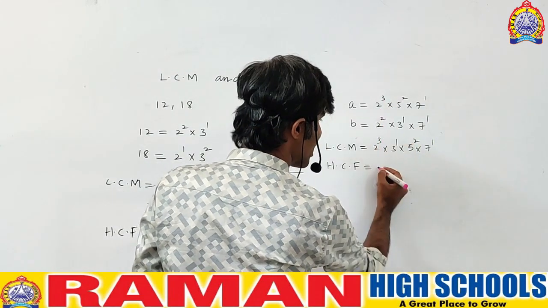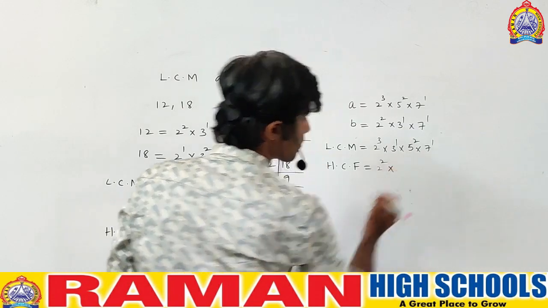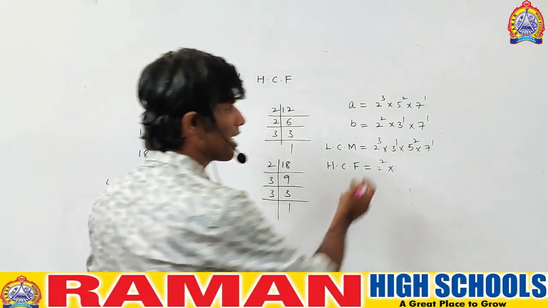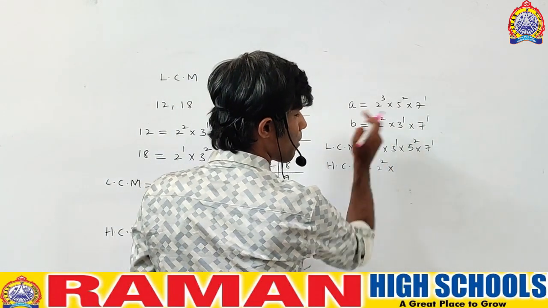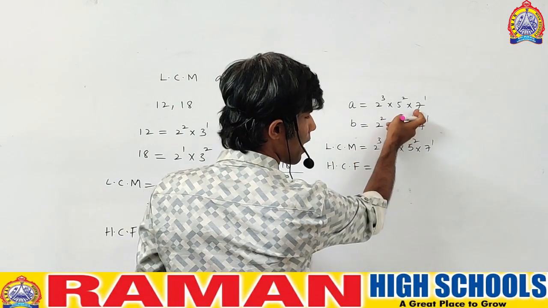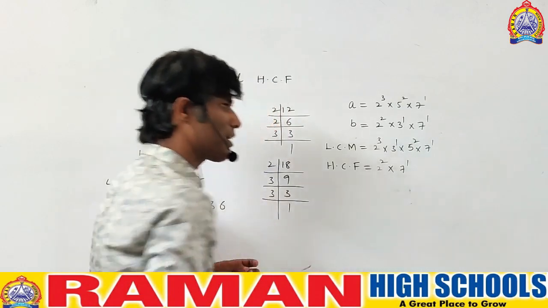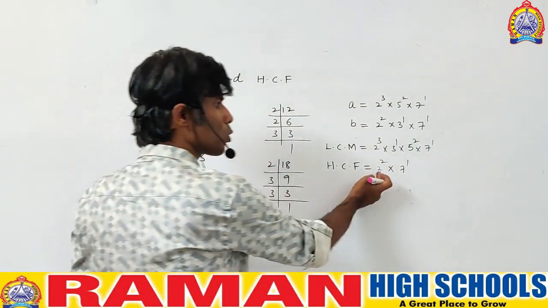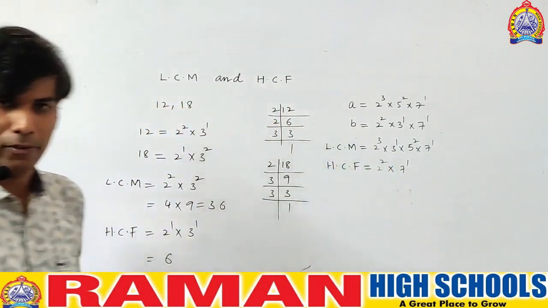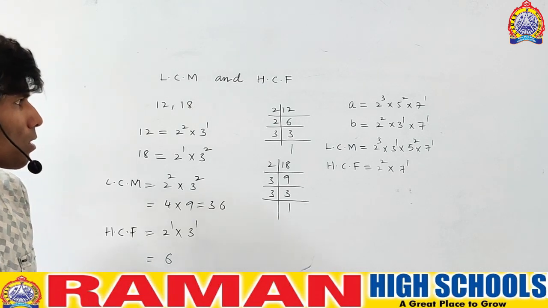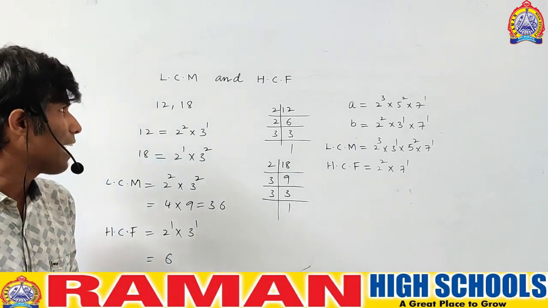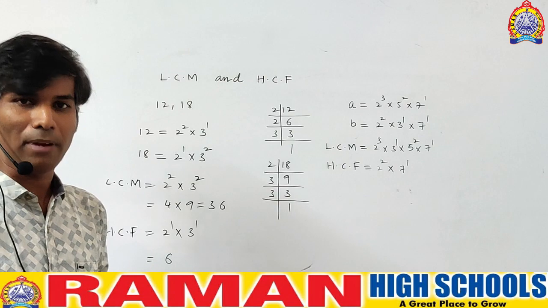For that we should take least power, 2 square. And here 5 is not a common one, 3 is not a common. And after that we have 7 as common. Its least power you should take, the least power is 1. Therefore 2 square into 7 is the HCF. So this is the method of calculating LCM and HCF using prime factorization.